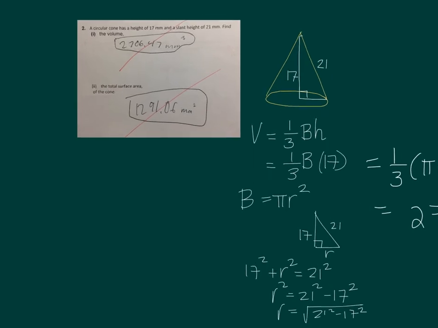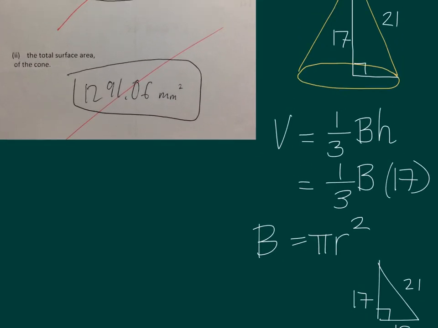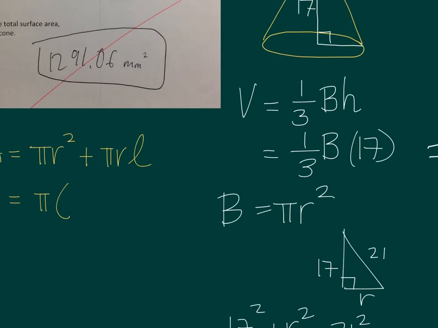Now let's find the surface area. The surface area of a cone, SA, is equal to pi r squared, that's the circular base, plus pi r l. R is what we solved a while ago, 12.329, so 12.329 squared plus pi.